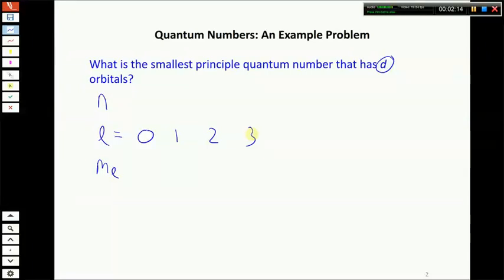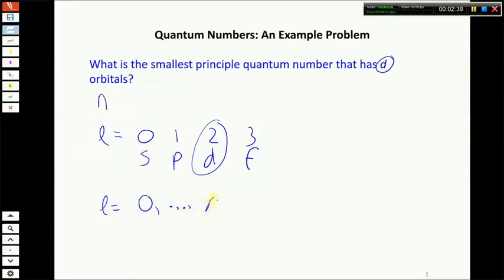So if L equals 0, 1, 2, and 3, remember that these correspond to the letters S, P, D, and F. Those are the most common ones. You go on alphabetically after that, although those don't really appear in real atoms. A d orbital means that L equals 2. What we have to remember about L is that the rule for L is that it starts at 0 and goes up to n minus 1.